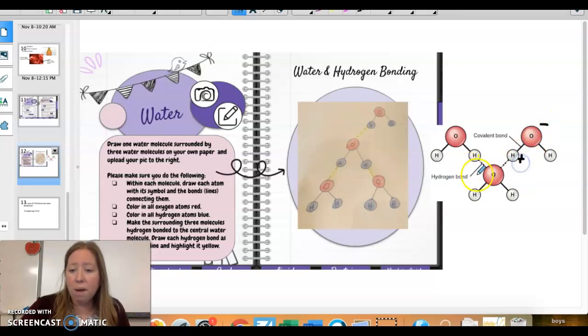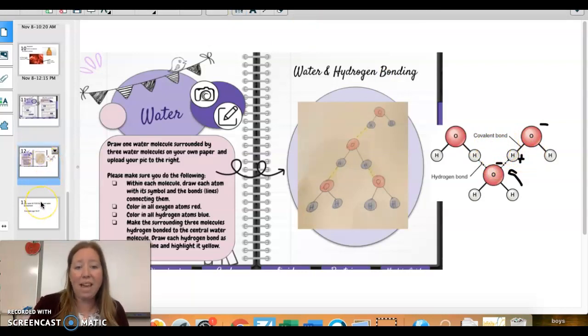A hydrogen bond is the dotted lines you can see between hydrogen and oxygen. That's a water molecule bonding to another water molecule through hydrogen bonds, which means they're being attracted by their charge. This water molecule with this negative charge is attracted to this positively charged hydrogen, and that's how water is bonded together.